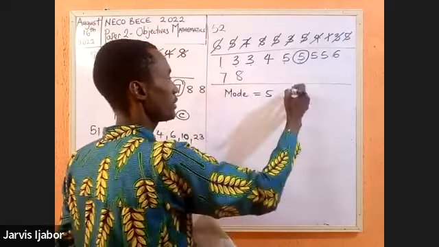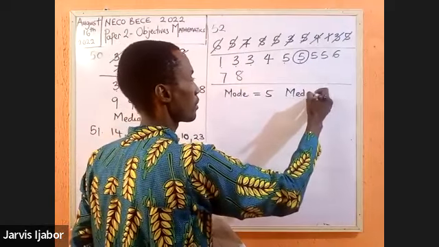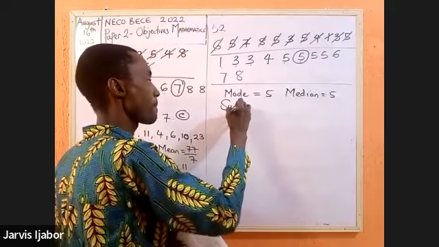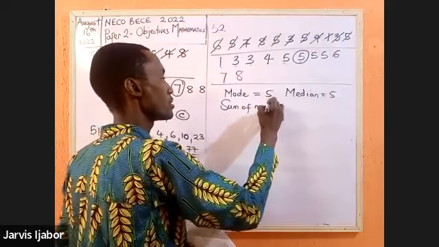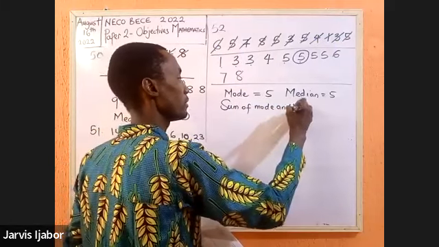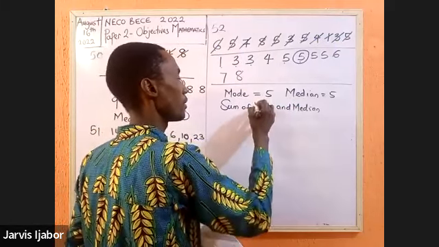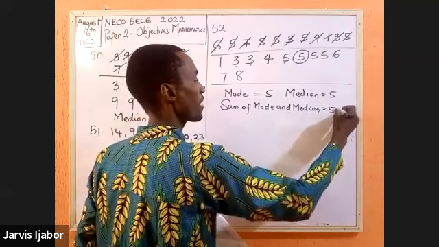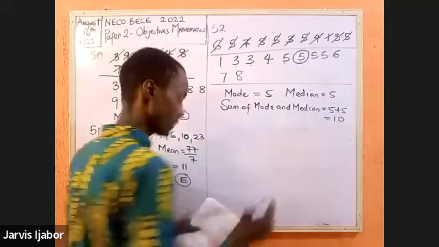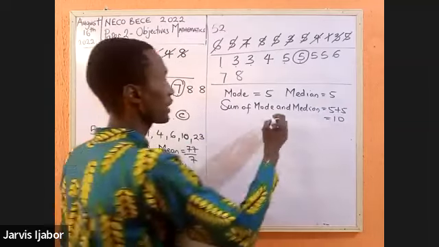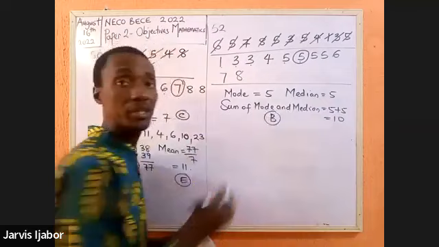So the median will be 5. So the sum of mode and median will be equal to 5 plus 5, that will be 10. And that answer, if I've done it correctly, will be B.